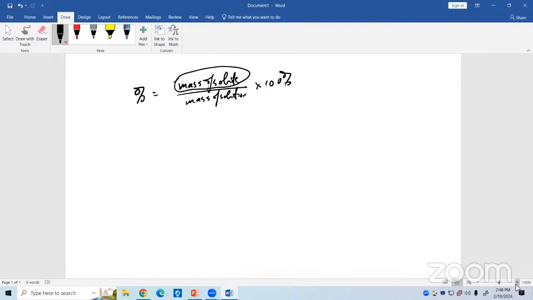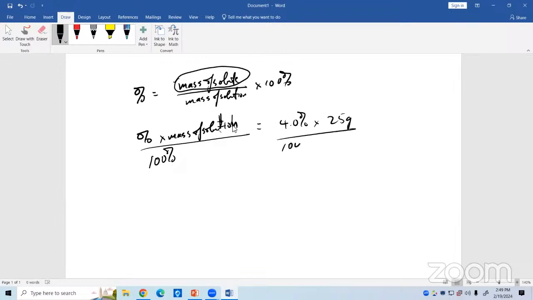Now, to get that, what we have to do is multiply the percent by the mass of the solution divided by 100%. So in this case, it's going to be 4.0% times the mass of the solution, which is 25 grams, divided by 100%. And whatever that gives is going to be the answer.